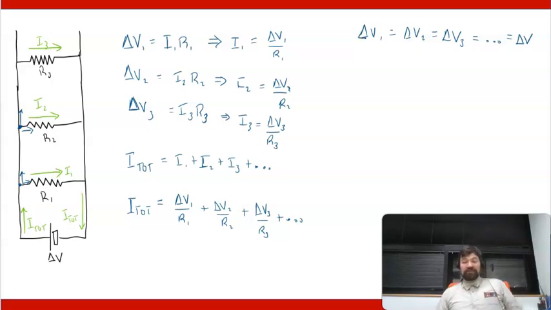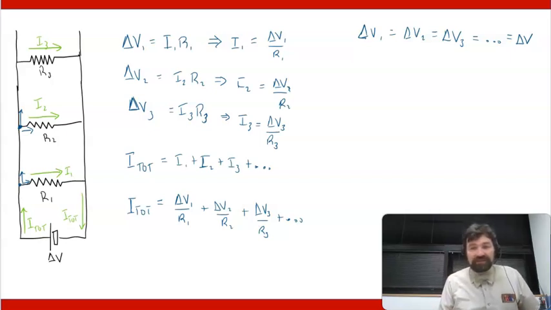That's not super well explained in this video, and I'm not going to really explain it further here because of time constraints. But essentially, this is conservation of energy in action. The battery gives us the same voltage drop across each element in parallel.